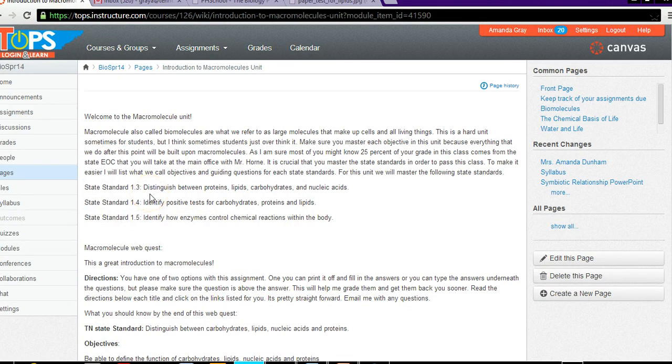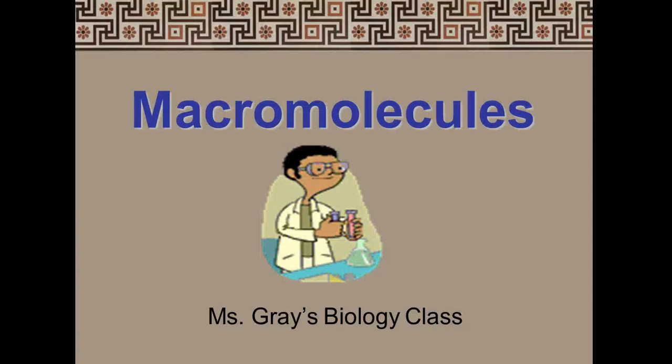Okay, so our first standard is to distinguish between proteins, lipids, carbohydrates, and nucleic acids. And that's really what we're going to be going over in this unit. We're going to identify and distinguish between the proteins, lipids, nucleic acids, and carbohydrates.